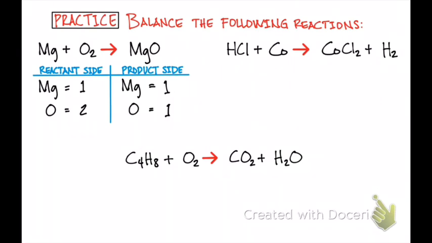So if we add a coefficient of 2 in front of magnesium oxide, that will give us 2 magnesium atoms and 2 oxygen atoms. Now the number of oxygen atoms is balanced, and we can add a coefficient of 2 in front of magnesium to balance out the magnesium atoms.